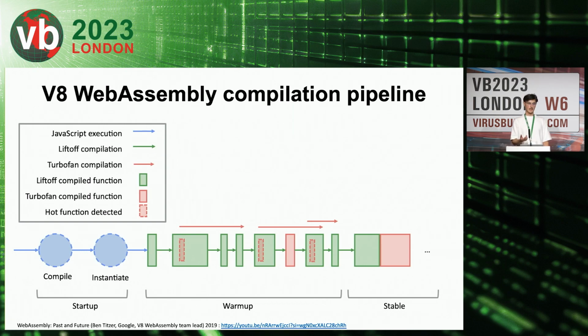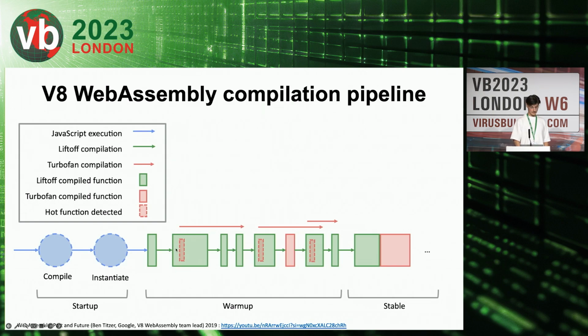V8 uses lazy compilation, which means that a WebAssembly function is actually compiled the first time it is called. Let's say there is a function call here. This function will not be called right away, but will first be compiled and then called.